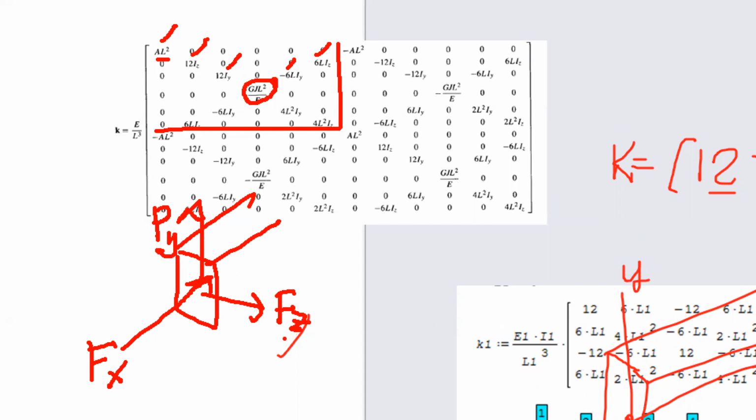If this is your Z, the local Z axis is over here. Then the rest is the rotation. We have a rotation about this axis, about this axis also, and about this axis. That will be all in all 6 forces in each node.